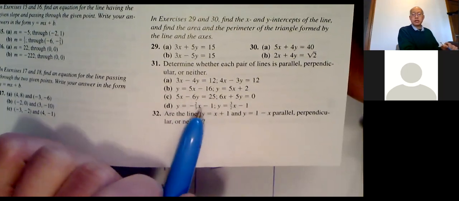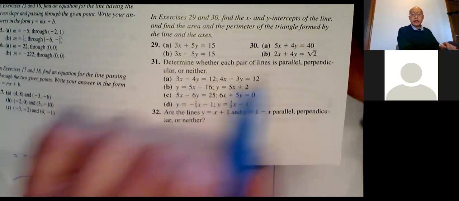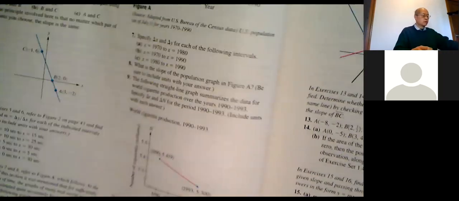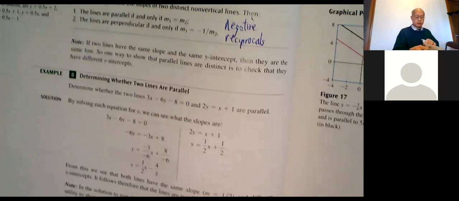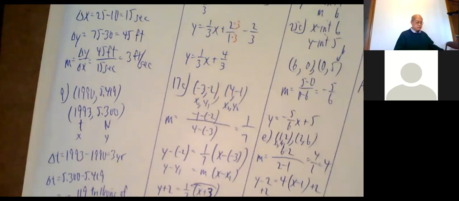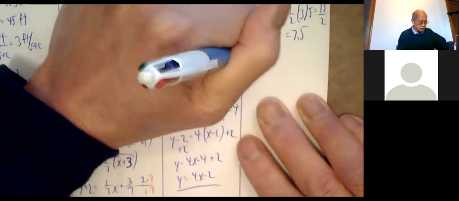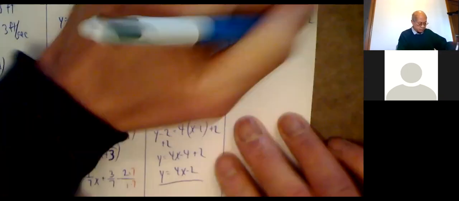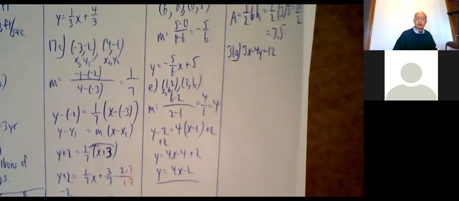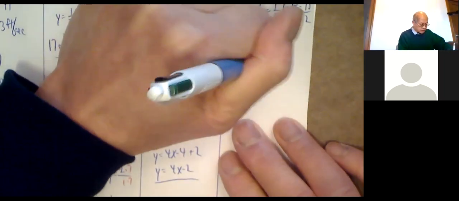You have to come up with a slope and then use the rule that I just showed you to determine parallel, perpendicular, or neither. 31a: 3x minus 4y equals 12 and 4x minus 3y equals 12.